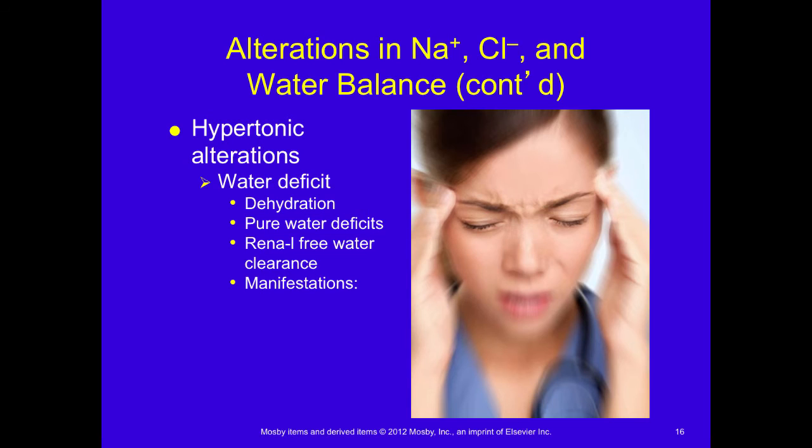So this can happen if your kidneys are damaged and they're just releasing too much water and not holding on to it. That's one reason. It's usually related to some sort of kidney damage. Diabetes insipidus, we talked about, is another reason. Remember that is not enough ADH hormone. Okay, that can also cause this type of alteration.